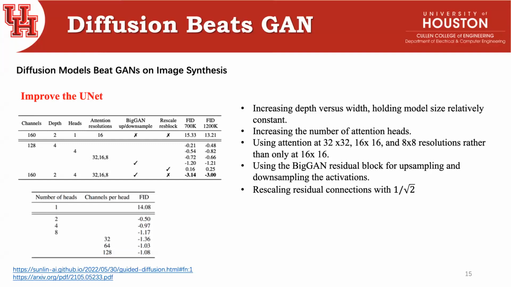So in this work, they improve it by adding more attention. They use BigGAN residual blocks, and they also try to increase the depth and reduce the width of the model, and try to keep the model size the same. And actually, we can see from this table that they really make some progressive improvements to the UNet.